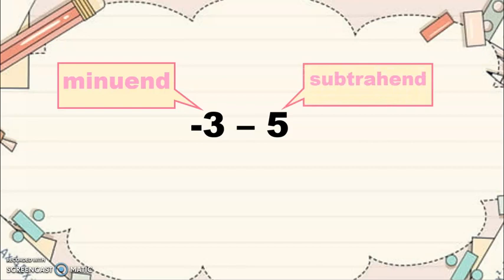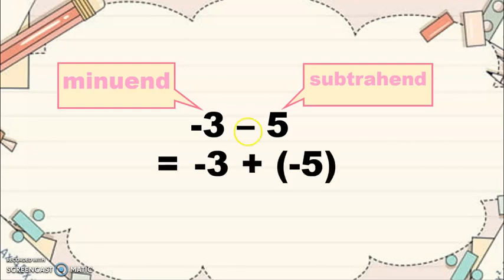If we are to follow the rules in subtracting integers, the first thing to do is we simply copy the minuend. So we have here equals. As you can see, yung capital lang ang minuend, which is negative 3. And then we get the additive inverse or opposite of positive 5, which is negative 5. And then we change the operation to addition.